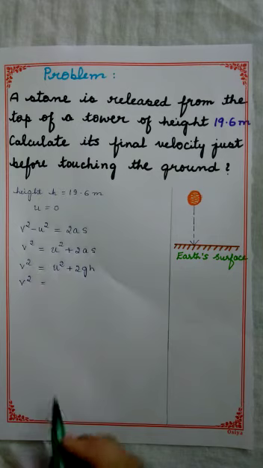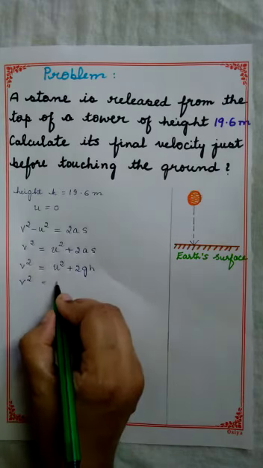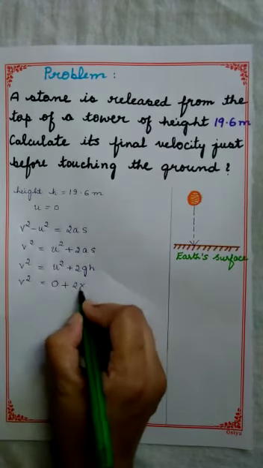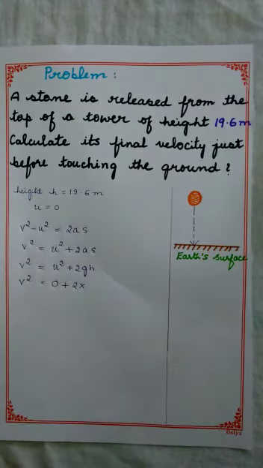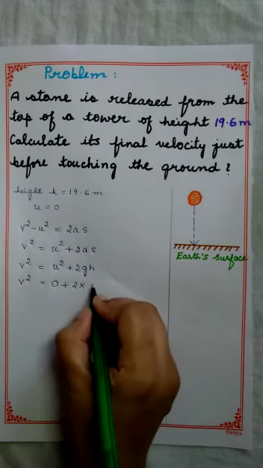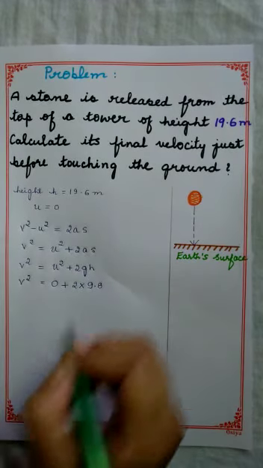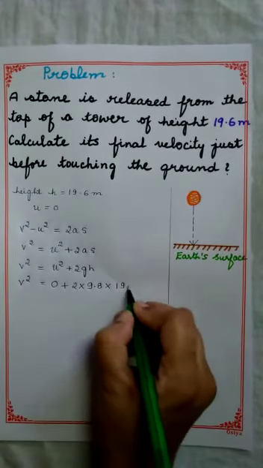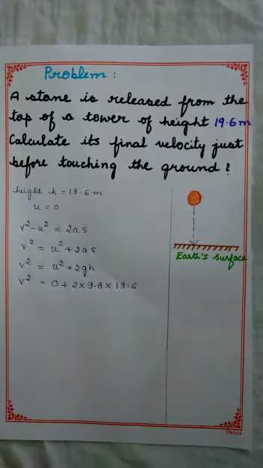On substituting the values to these physical quantities, we need to find out the value of v, that is final velocity, which is written as v square is equal to u square, that is initial velocity value equal to 0, plus 2 into the acceleration due to gravity, which has a constant value equal to 9.8, into height, which is given, that is equal to 19.6.